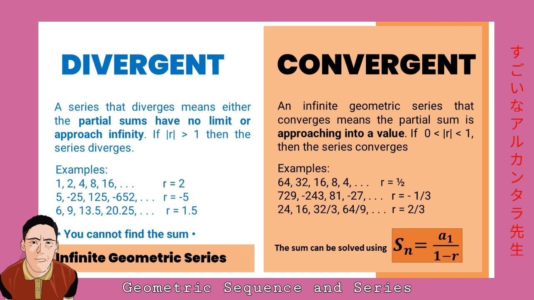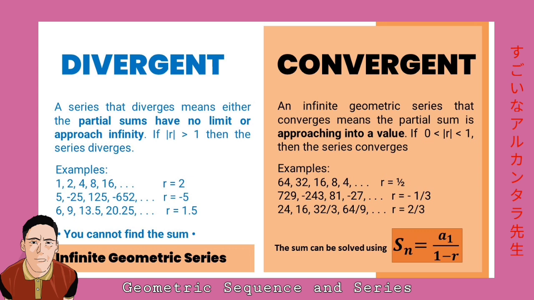So for example, 64, 32, 16, 8, 4, if you continue multiplying 1/2 to the values to get the next terms, it's going to be a smaller and smaller decimal until it gets closer to 0. It will not be 0 though, but it will be closer and closer to 0. That's why it's still considered infinite.